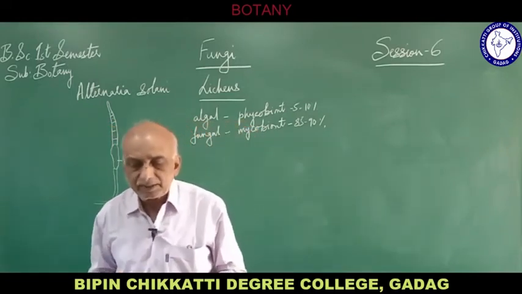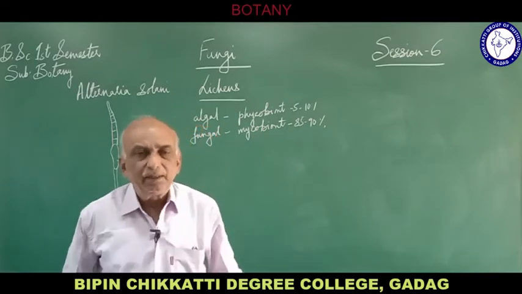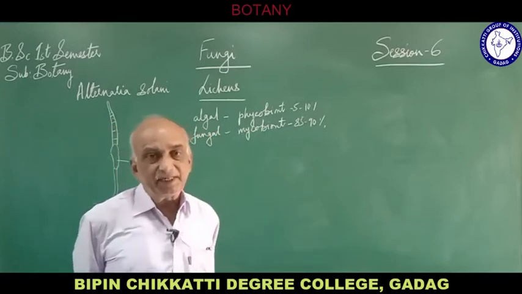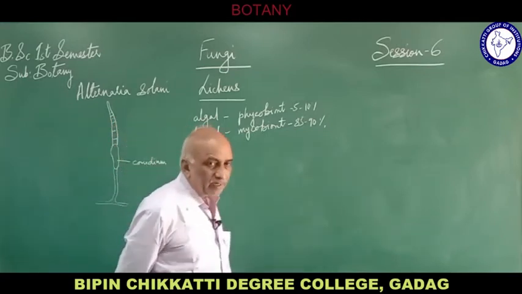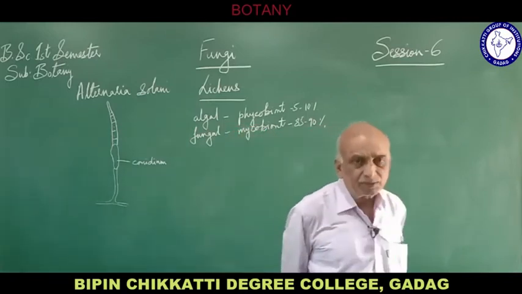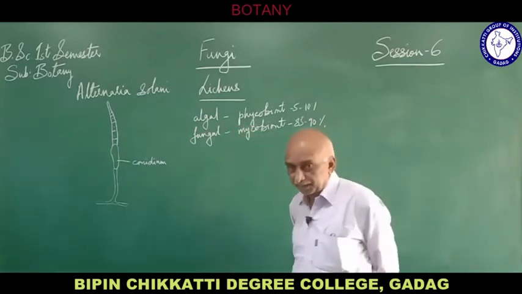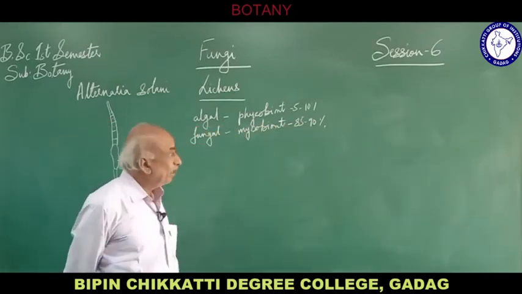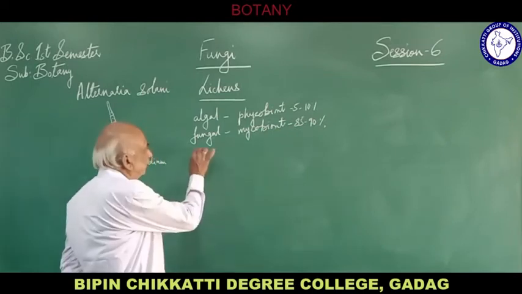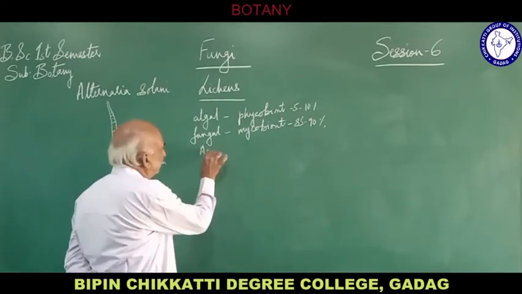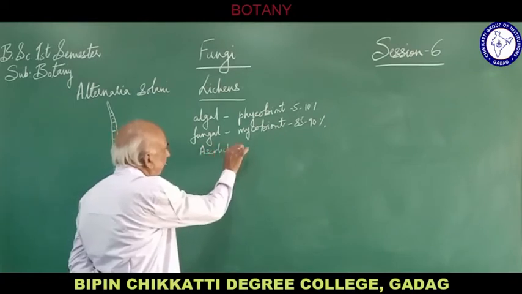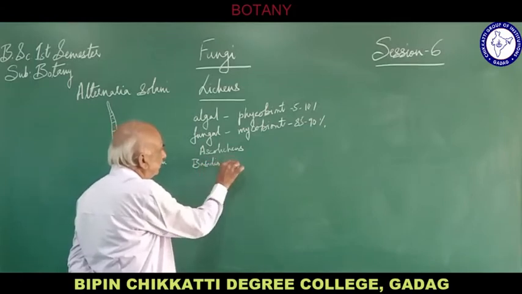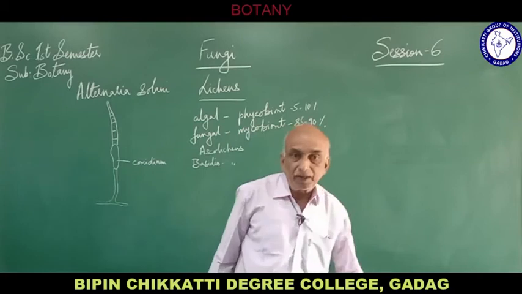And these lichens are divided into two types based on what type of fungi is present in them. As we have studied in fungi, there are phycomycetes, ascomycetes, basidiomycetes and deuteromycetes, so different groups. Based on which group of fungi is present in the lichen: if the lichen contains ascomycetes, they are called ascolichens. If the lichens contain basidiomycetes, they are called basidiolichens, based on the fungal component.